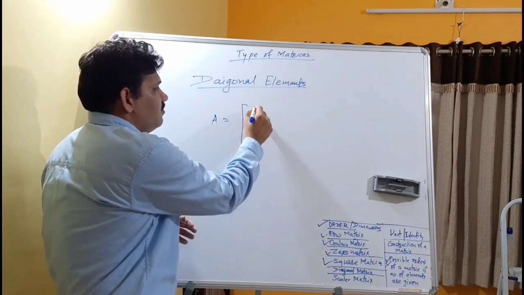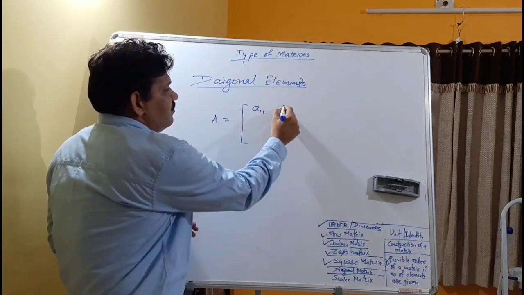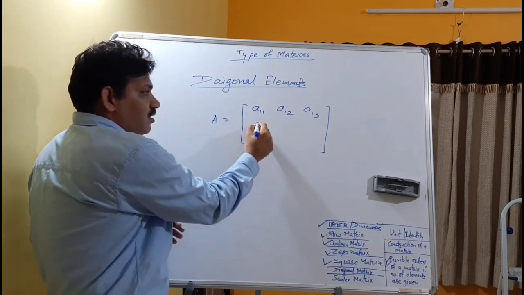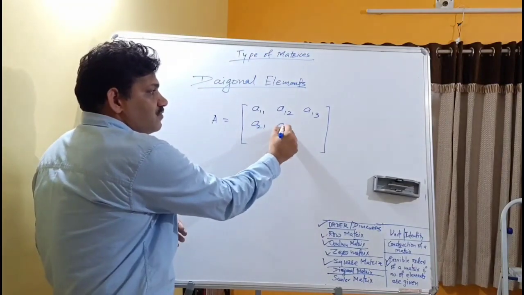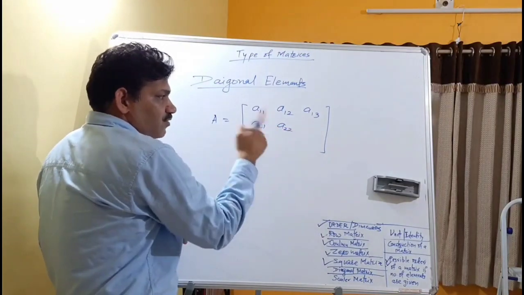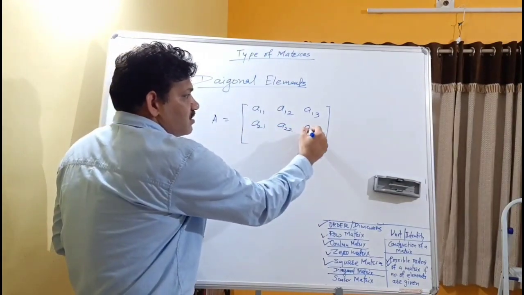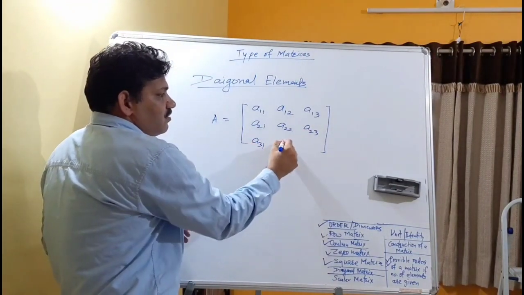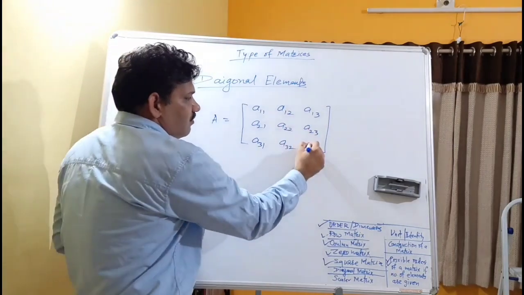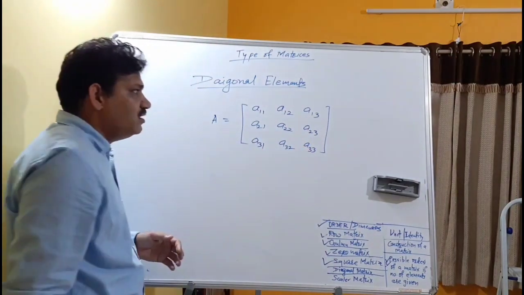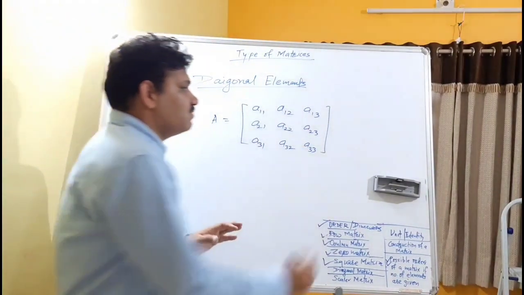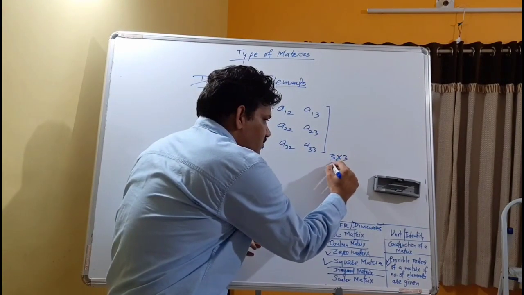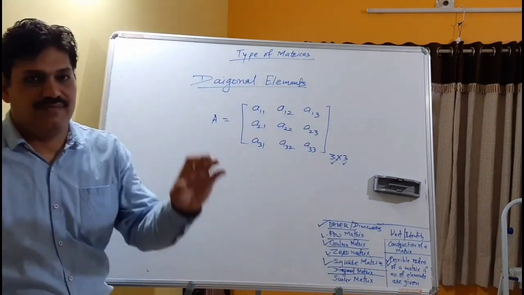Suppose I have a 3 by 3 matrix: first row, first column, first row, second column, first row, third column, second row, first column, second row, second column. Row comes first, then column. Second row, third column. This is third row, first column, third row, second column, third row, third column. This is a square matrix because here the number of rows is equal to the number of columns.